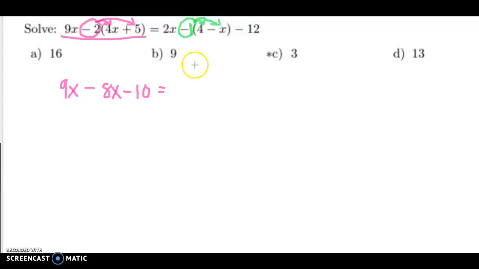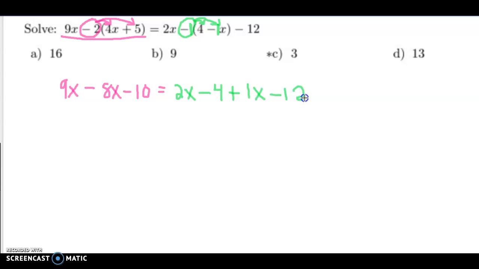So a negative times a positive is a negative. 1 times 4 is 4. A negative times a negative is a positive. And remember, there's a 1 in front of this x as well. 1 times 1x is 1x. The 2x was not a part of the parentheses, so I'm just bringing that down. And the same thing with the negative 12.